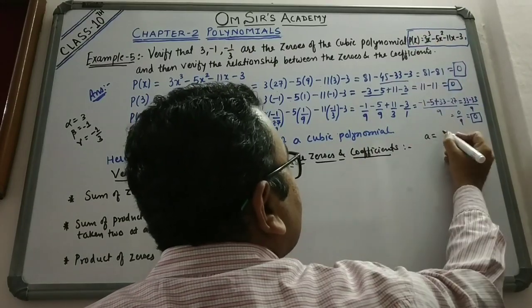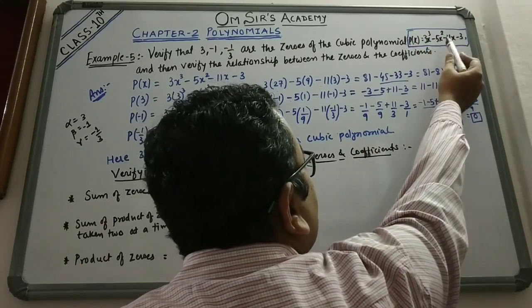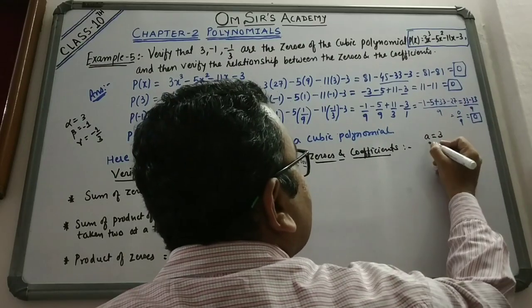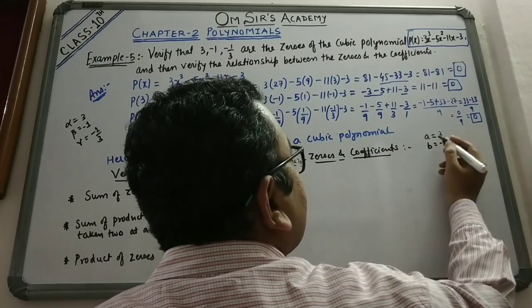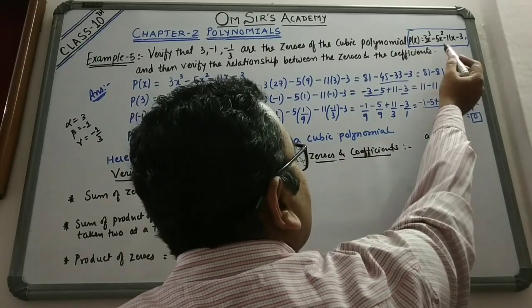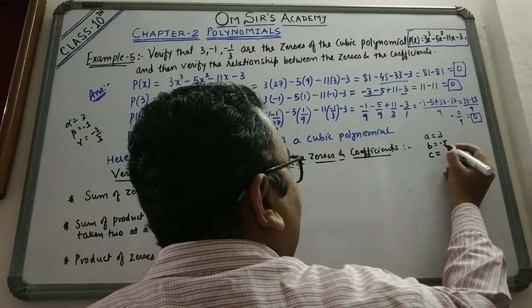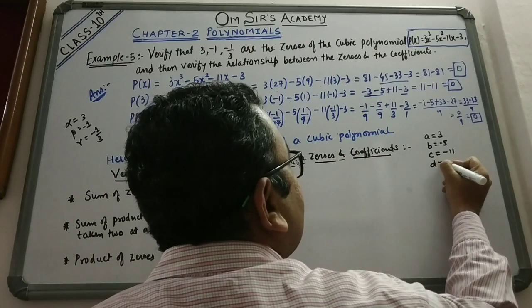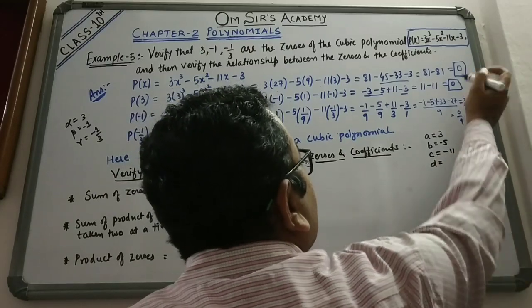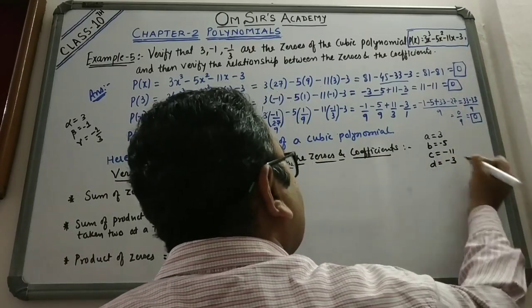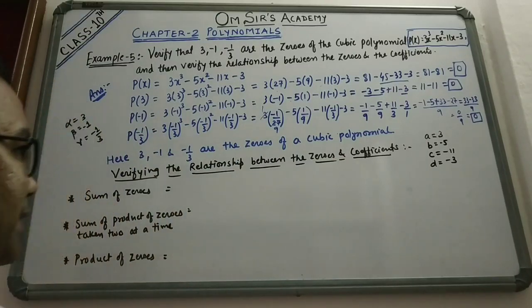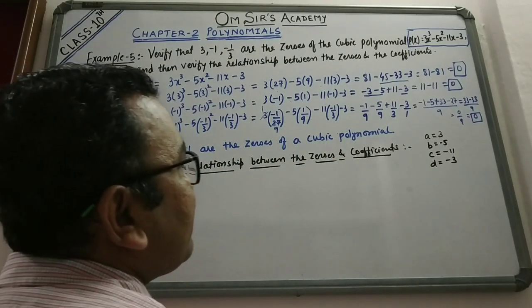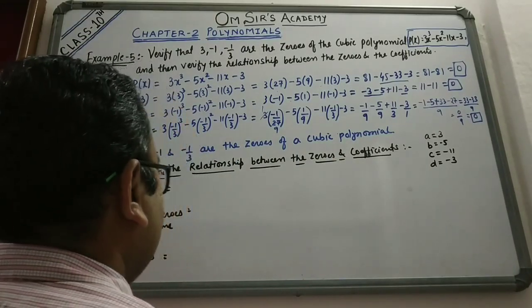A will be 3. B will be coefficient of x square, that is B will be minus 5. C will be coefficient of x, that is minus 11. And D is the constant term, that is minus 3. Okay, so A, B, C and D are 3, minus 5, minus 11 and minus 3.